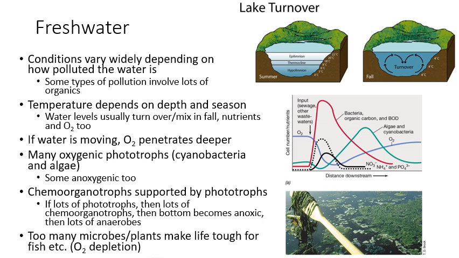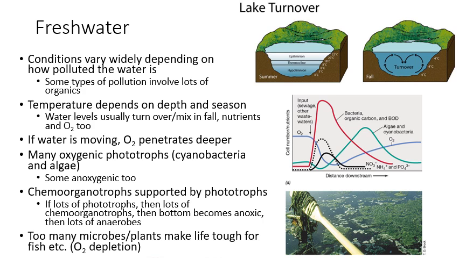You have a lot of phototrophs living in freshwater, specifically oxygenic phototrophs. Primarily that would be, of course, cyanobacteria and algae. You also have some anoxygenic phototrophs, you just don't have as many of them. So those phototrophs are basically supporting the ecosystem in freshwater in general.